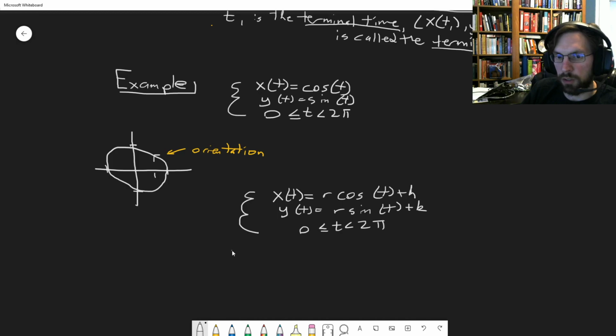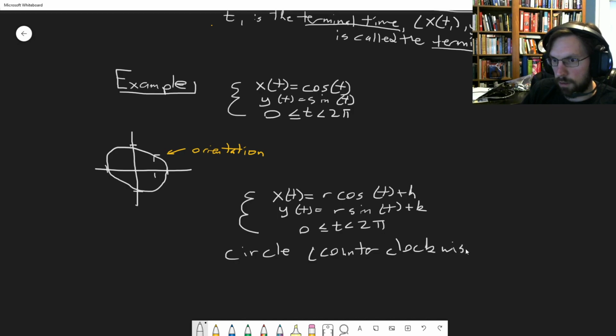This is now a circle oriented counterclockwise, of radius r, centered at (h, k).